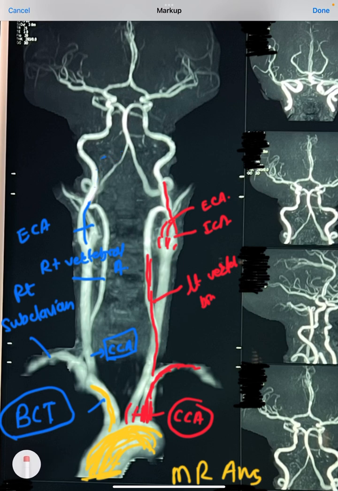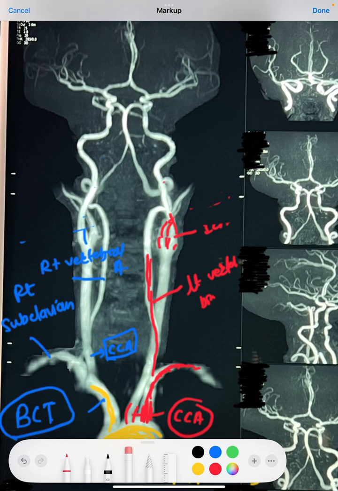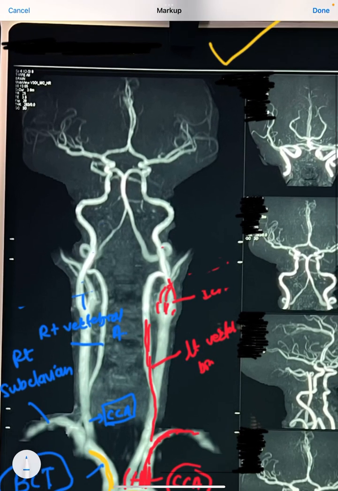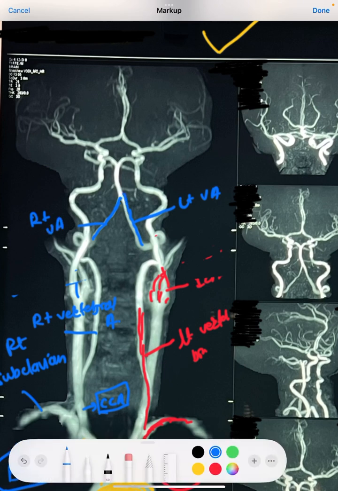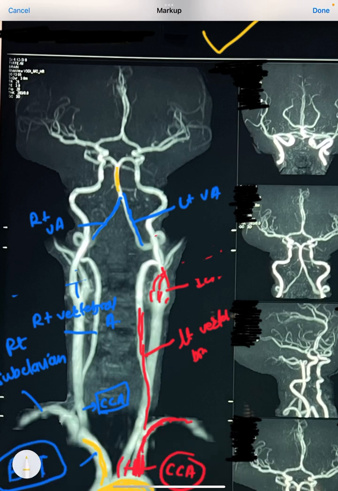So after this, we know that these branches are coming towards the brain, towards the skull, and here I'll be telling in short about the branches which form the circle of Willis. So this is very typical. These are the two vertebral arteries, the left vertebral artery and the right vertebral artery, and these two arteries join and form the basilar artery.